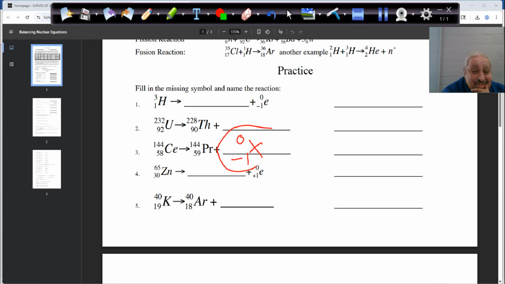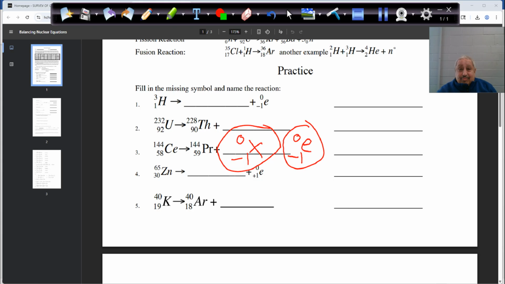What is this with the atomic mass 0 and atomic number -1? This is e 0 -1. This is what? Beta. I heard beta, correct? That's beta radiation coming off. So we are producing an element, and beta radiation coming off.